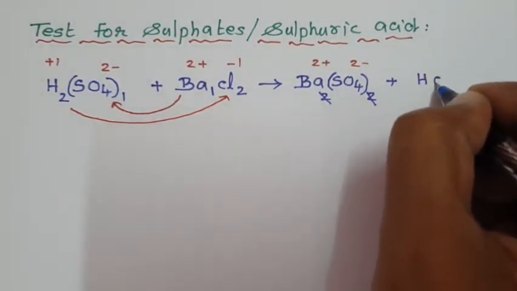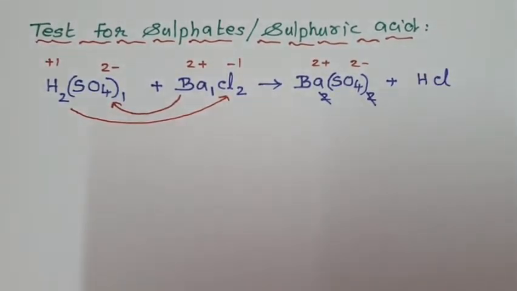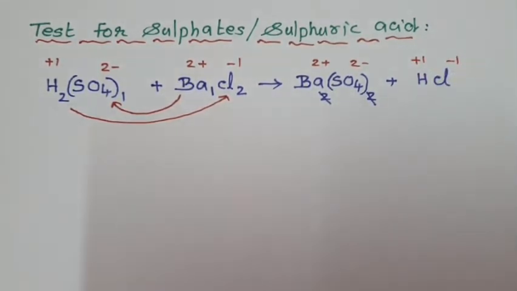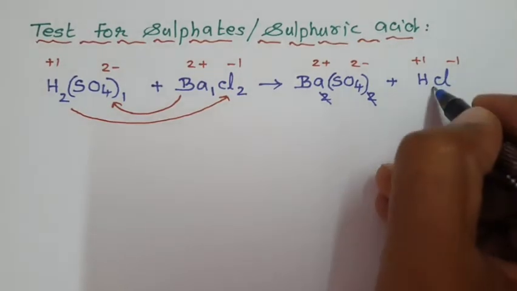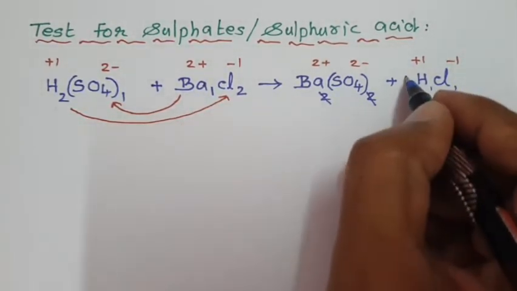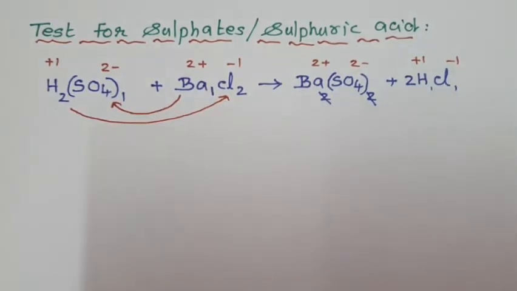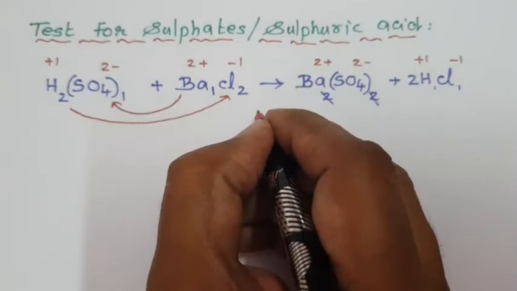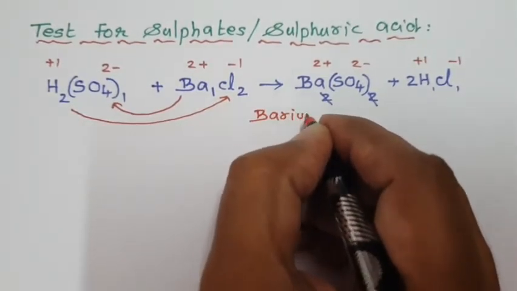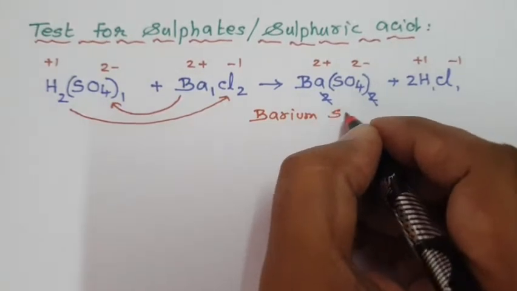And again H+ combines with Cl- to form HCl, and we also know the valencies are equal. H is monopositive, chlorine is mononegative, and when we write in crisscross, H1Cl, 2 hydrogen, 2 chlorine. So, the name of this BaSO4 is barium sulfate.